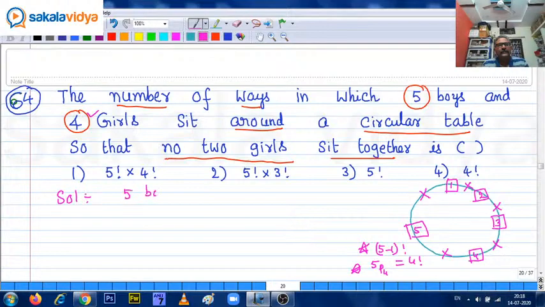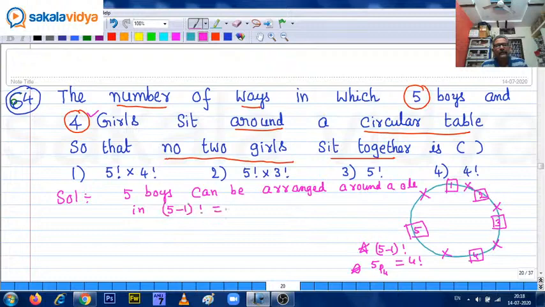Five boys can be arranged around a circle in 5 minus 1 factorial, which is 4 factorial. This is the first task.